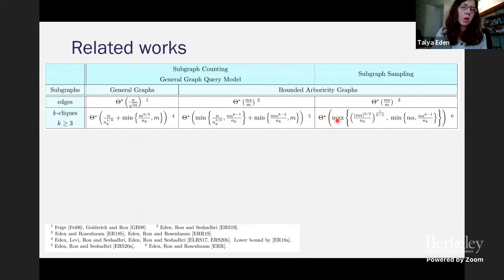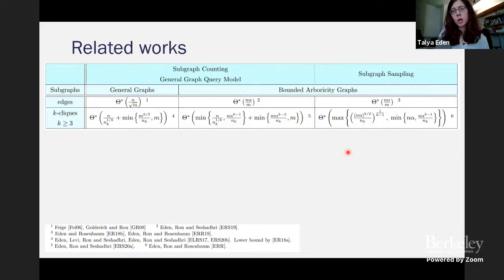But as we saw now from this lower bound, for k-cliques this is no longer the case. There's a separation between counting k-cliques, which has this complexity, but never mind all the terms, you can see this is the meaningful term, and alpha to the k minus 1 over n^k, which we also have, but we take the max between this term and another term. So actually counting k-cliques could be done more efficiently than sampling them.